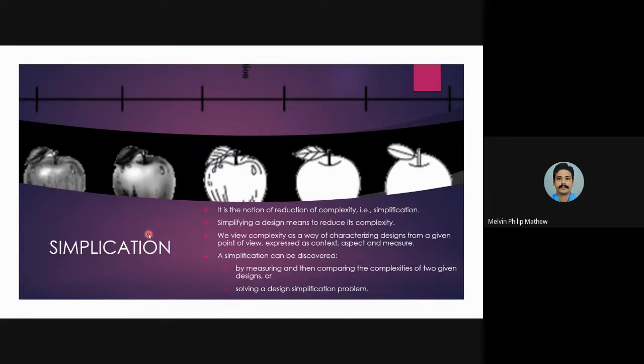How much you can reduce the production time of a single product, that many more products can be produced in a single day. So if you are reducing the production time, you can increase the amount of manufactured products. That is the importance of simplification.